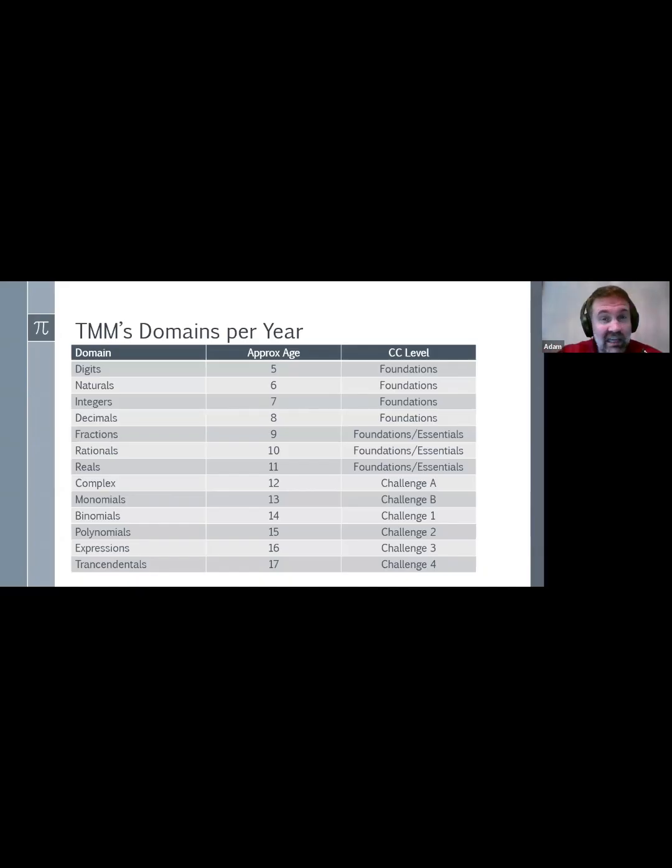Again, it depends on the parent, depends on the child, which domain you want to work. But if you want some kind of idea of where they're going to be, these are the approximate ages. And when you get into the challenge program, they're going to be doing these specific domains per year based on which challenge you're in.